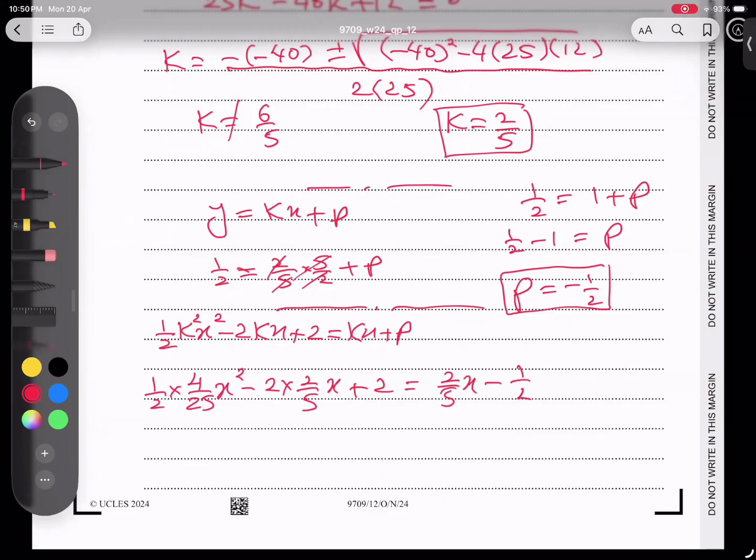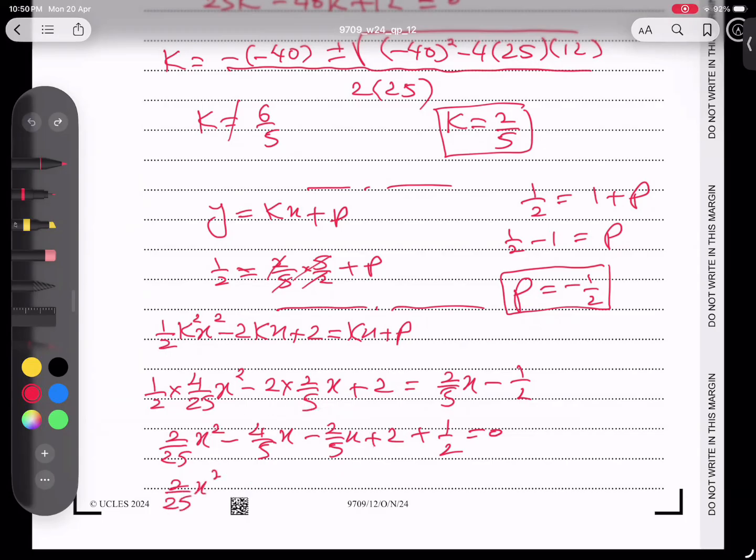So now I can do it. This is 2 over 25, and here I get a negative 4 over 5x, and that will come even here, negative 2 over 5x plus 2 and plus half.